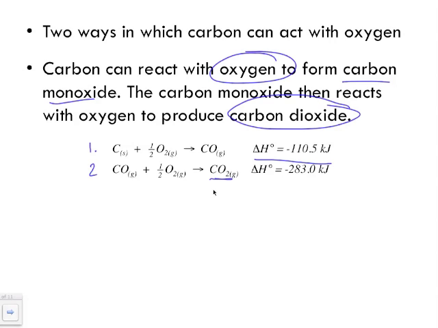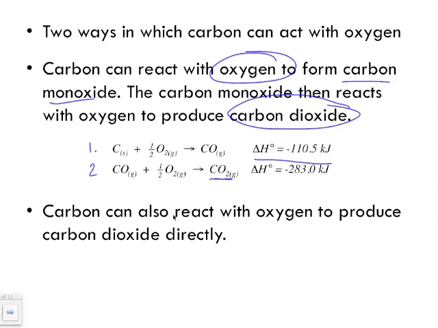But now, another reaction that can actually occur is the following. Carbon can also react with oxygen directly to produce carbon dioxide. So 1 mole of carbon can react with 1 mole of oxygen to form carbon dioxide. And look at the amount of heat that is given off.